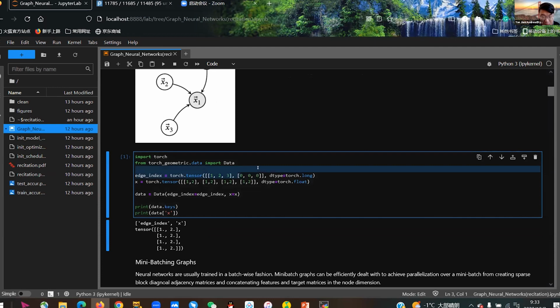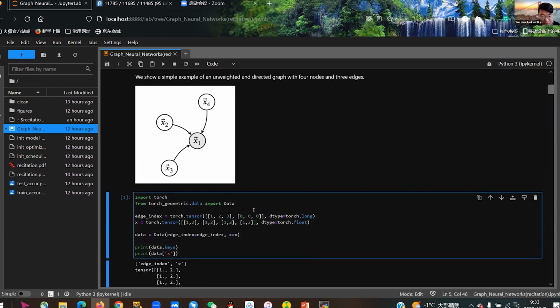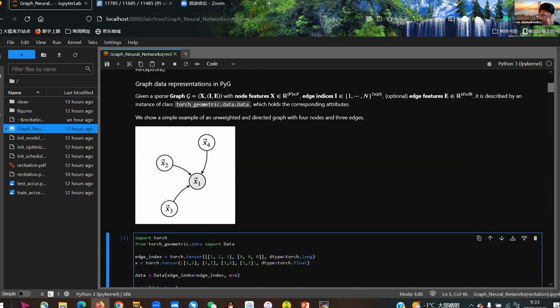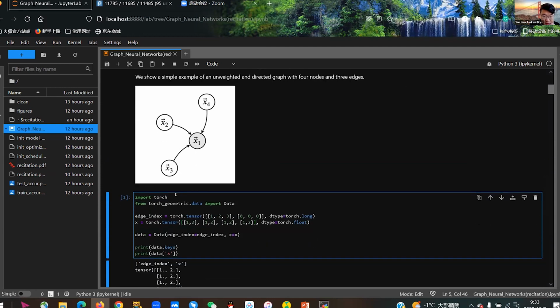So for example, here is a graph and it has 4 nodes, 0, 1, 2, and 3. Instead of using an adjacency matrix, it represents connectivity with a 2 by number of edges tensor. So here you can see 0 is connected to 1, 0 is connected to 2, 0 is connected to 3. And this is exactly the same as the graph.